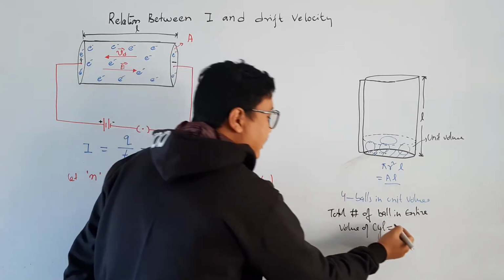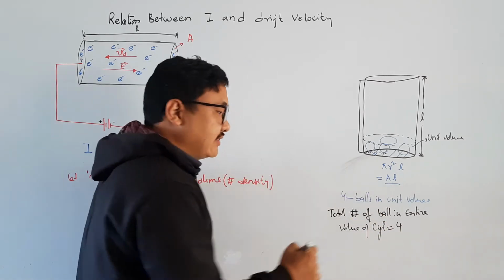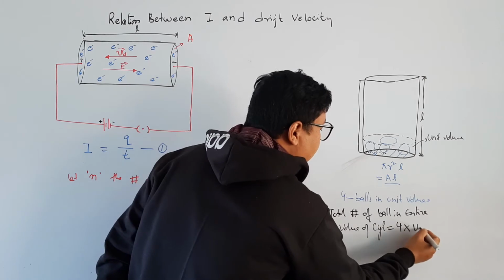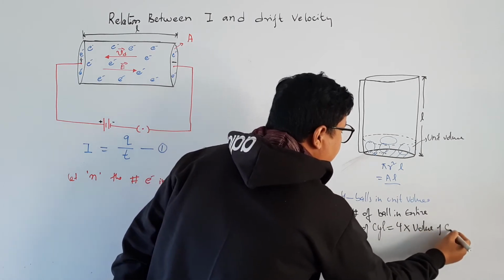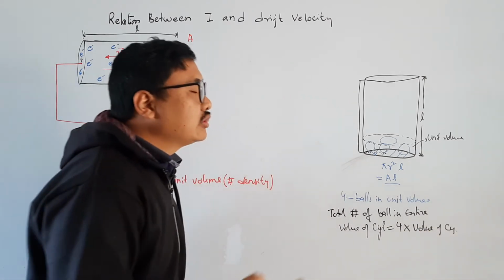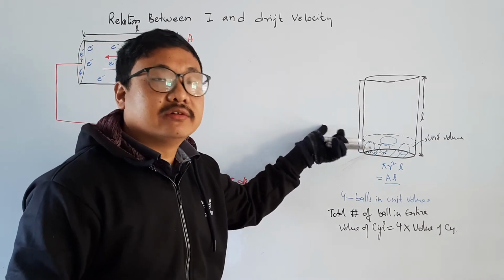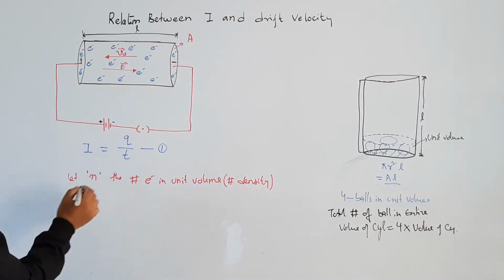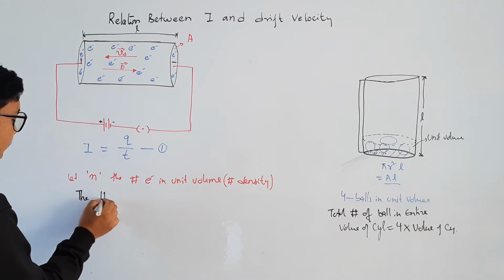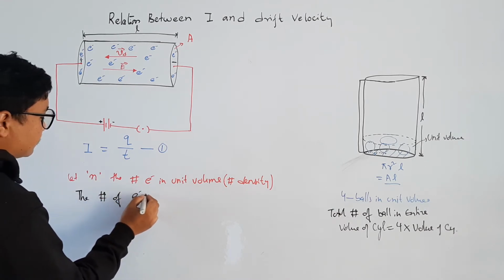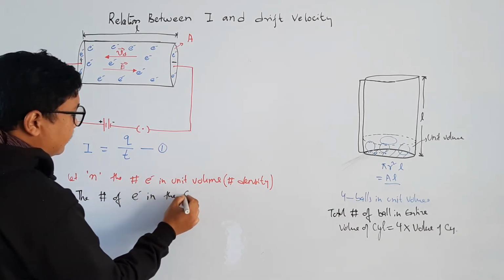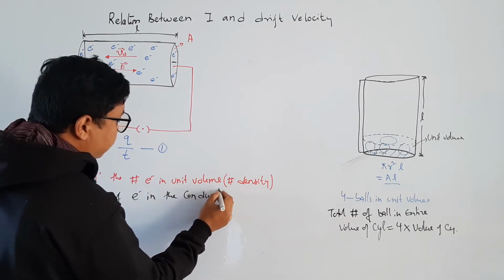In unit volume I have 4. If I multiply with the volume of the cylinder, I will get the total number of balls in the entire volume. So therefore, here also, the total number of electrons in the conductor would be how much?